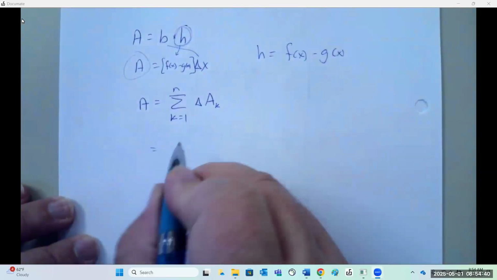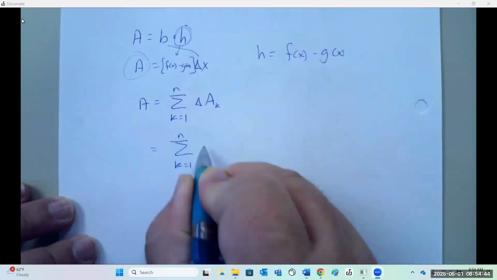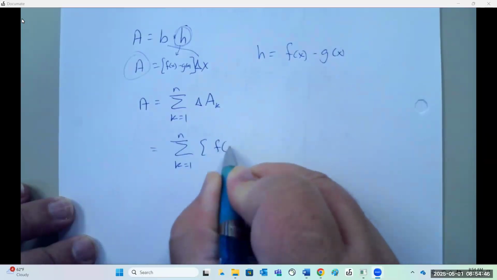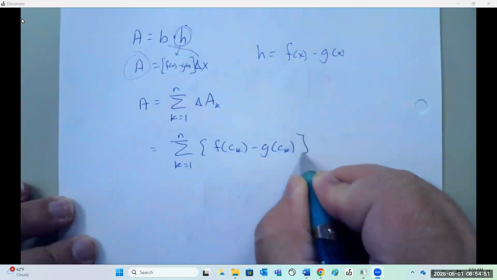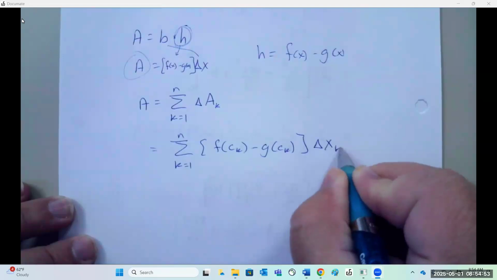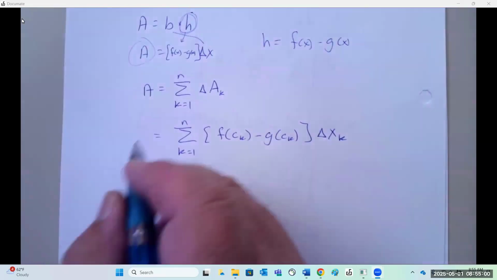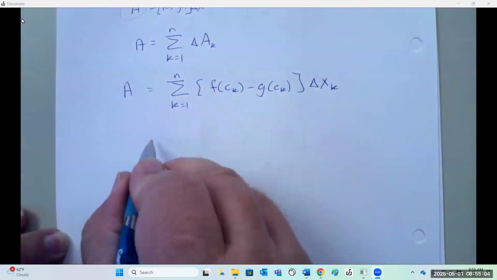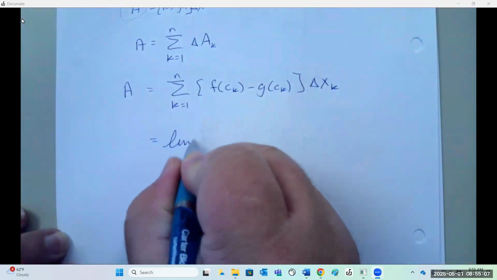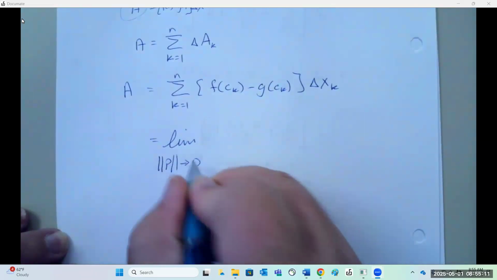So that's going to be the summation of f of ck minus g of ck times delta xk. And then to find the area, what do we have to do? To find the area, we have to take the limit as each of our partitions go to 0.